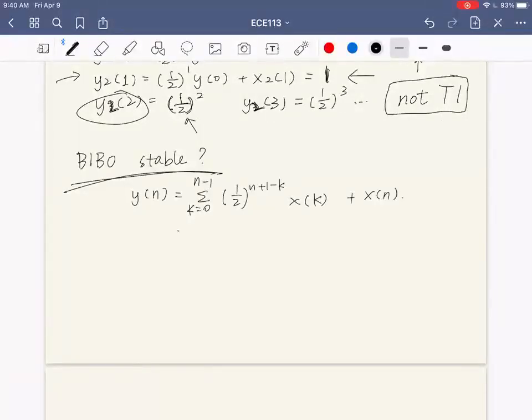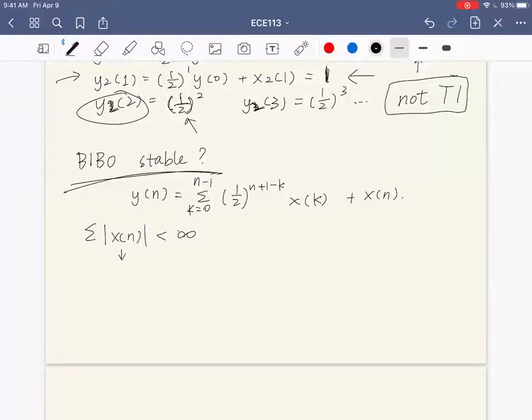And then we know that x of n is bounded, so it is smaller than infinity. And how can we apply it to the equation? Okay, so since the input is bounded, that means that its values at every index are finite, right?